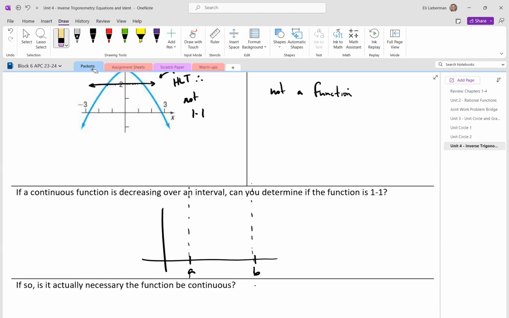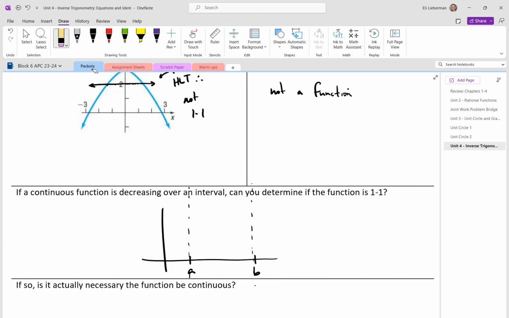How about increasing? Same thing. And that interval could be negative infinity to positive infinity, but considering any interval, if it's only increasing or only decreasing on that interval, it is one-to-one. Yes. But I feel like we should make the wording more specific. That's how you have to think on tests, isn't it?